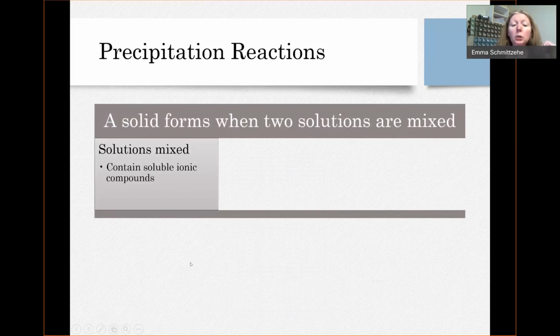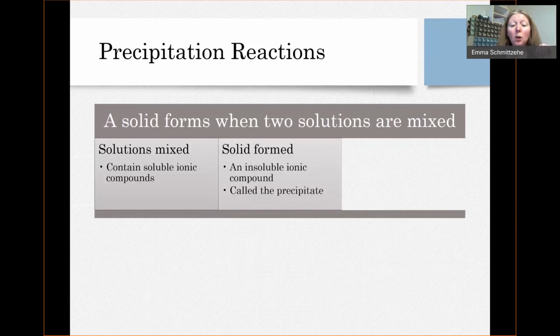You could have, say, an acid or base involved, but you wouldn't usually have an acid and base, although you could, but then there'd be multiple types of reactions at once. So for the most part, when you think about a precipitation reaction, you should think usually you have two solutions of ionic compounds, you mix them together, and what happens is a solid forms.